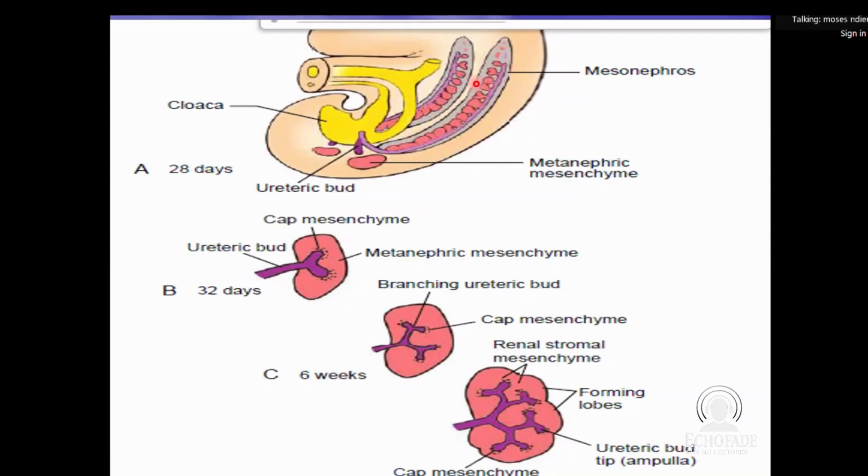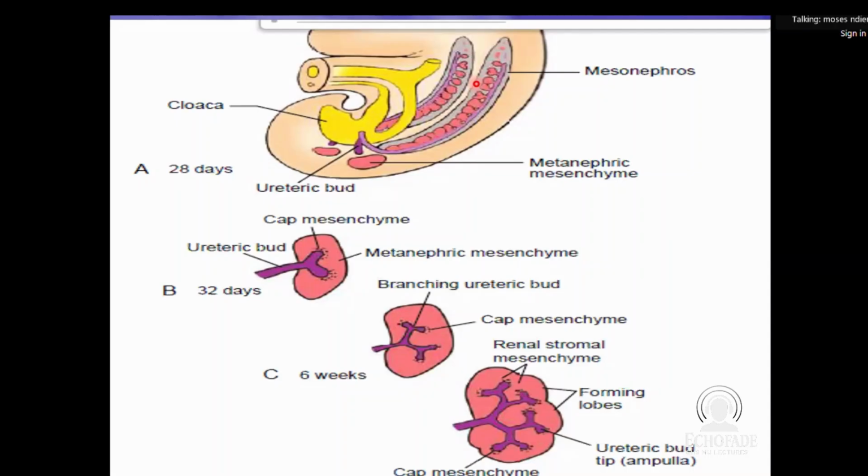At the same time, those mesenchyme cells produce chemical substances which induce this diverticulum to divide. So that diverticulum from the sacral part of the mesonephric duct we refer to as the ureteric bud.